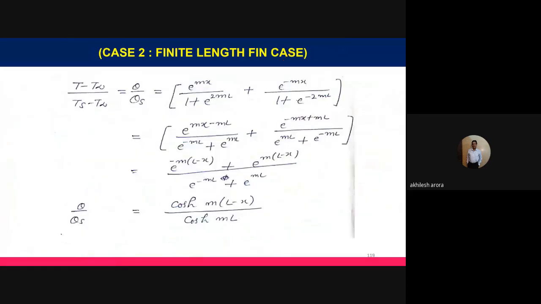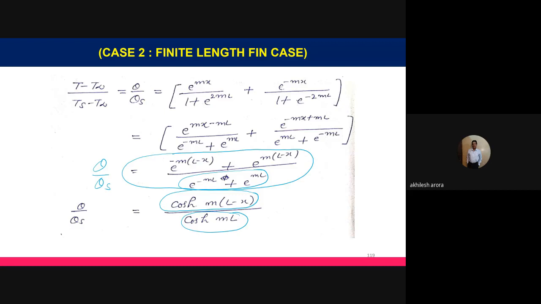So let us see. Once again, I have repeated some of the steps. We were here actually. Now this particular term theta by theta s, this whole term can be written as cos hyperbolic m(L minus x), whereas the lower denominator term can be written as cos hyperbolic mL.